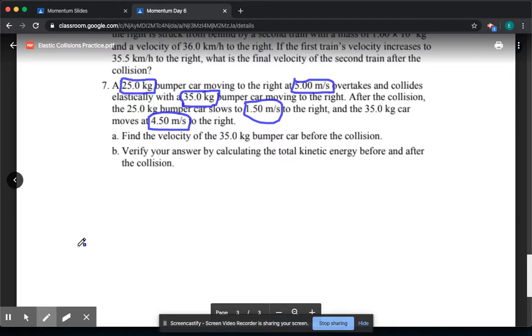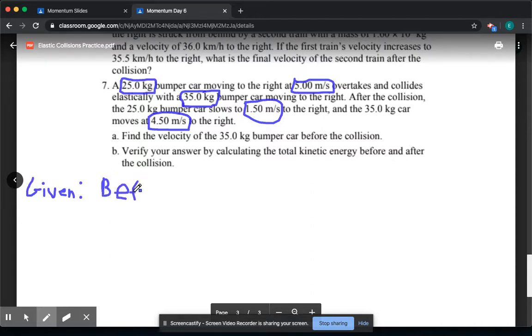With that being the case, you need to organize your information just a little bit differently. I'm going to organize this as given, like we always have in the last 2 problems, but I'm going to split it up this time into a before and an after.